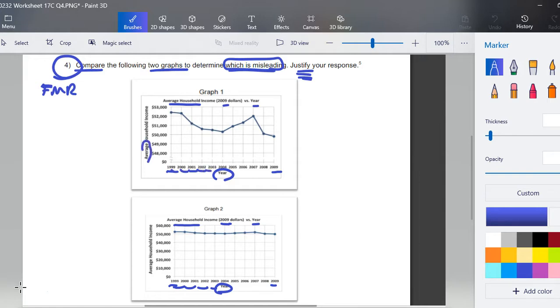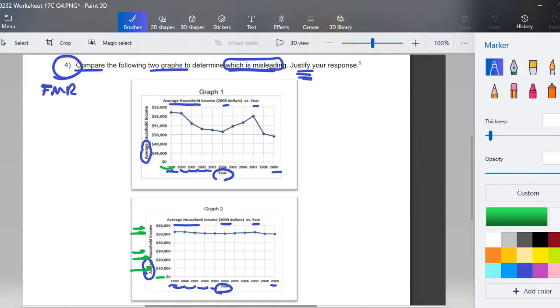And then we get to average household income. Again, everything appears to be identical, but those graphs sure don't look identical. And then we get to the actual vertical axis. So this one's going $0, 10,000, 20,000, 30,000, all the way up to 50 and 60,000.